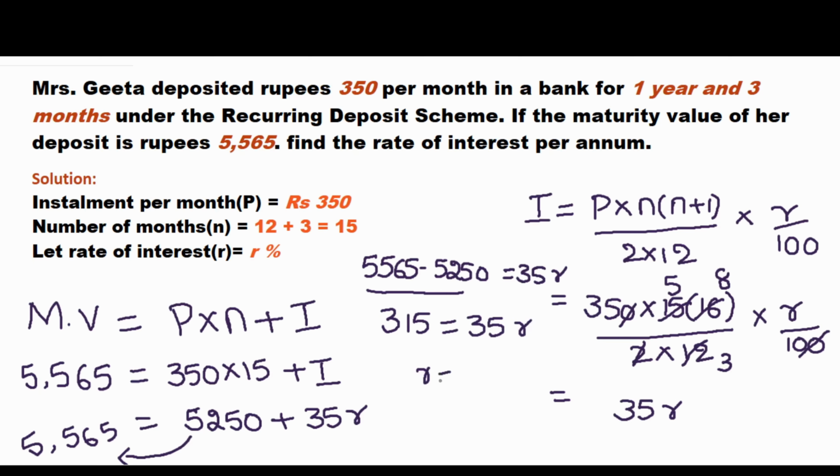R will be equal to 315 divided by 35. So on substituting this, I'll be getting 9. R value is 9, means the rate of interest per annum is 9%.